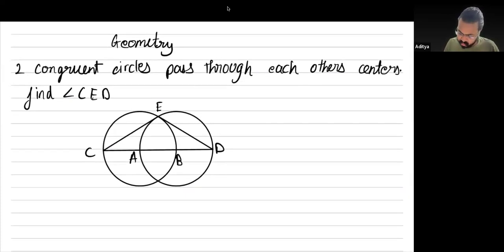AB is the radius of both of the circles, and CB and AD are diameters of both the circles. Find the angle CED. Once you get the answer, you can put the answer in the chat.